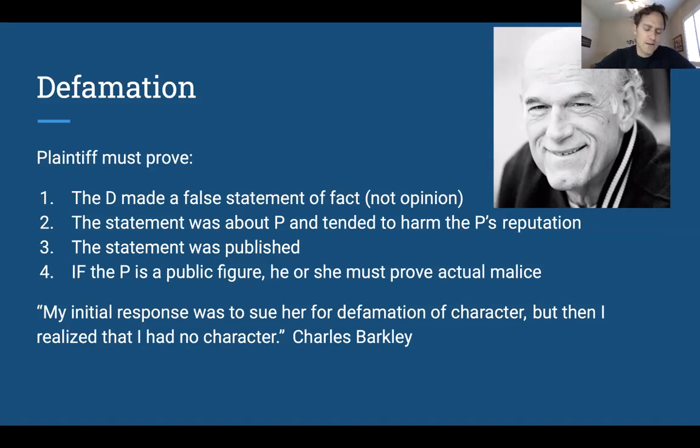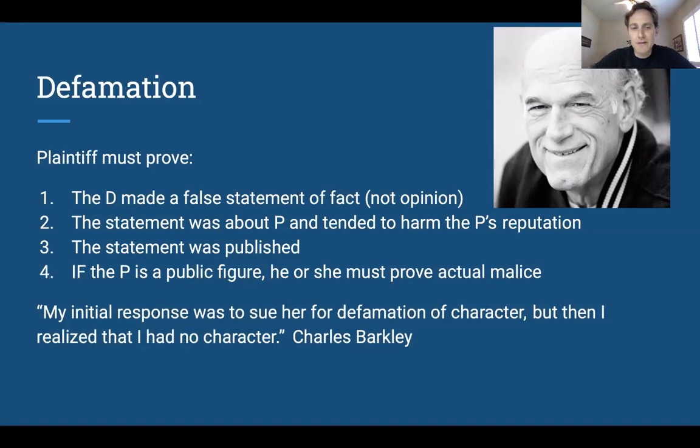So if I say this such and such student, I just think they're dishonest, lame, rude. Let's stick with that one. My student is rude, and I tell that to another teacher. Is that defamation? Well, probably not. Why? Because that's just an opinion. That's a judgment call about somebody. Whereas a statement of fact, something like, my student so-and-so is a thief, that's good enough. And now we're going to move on to element two here.